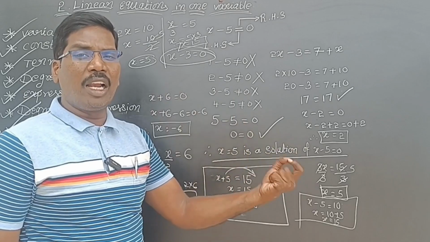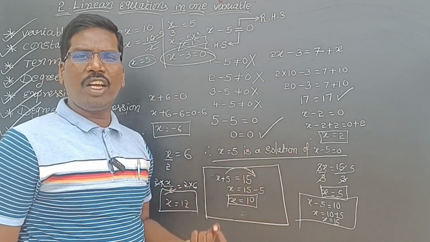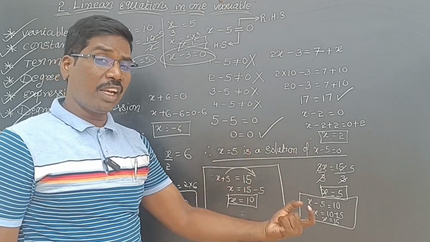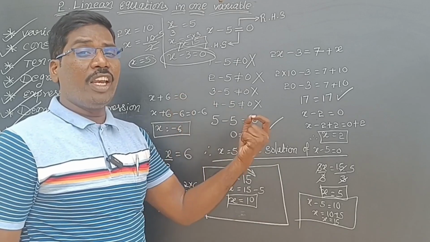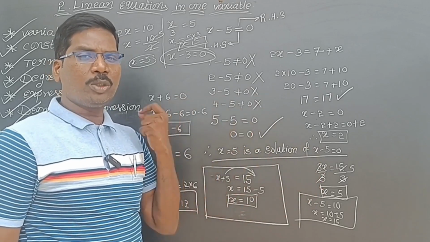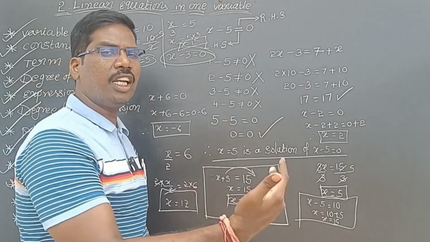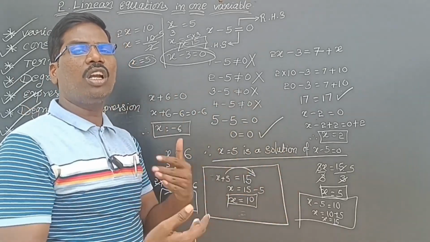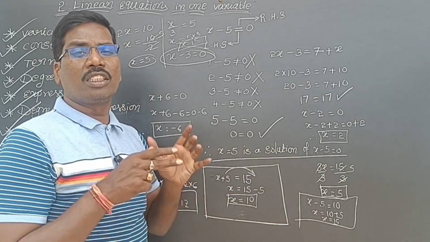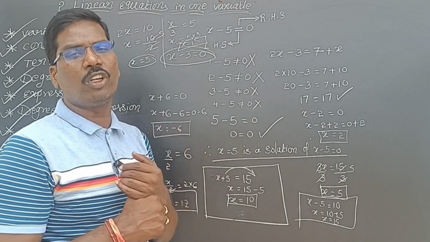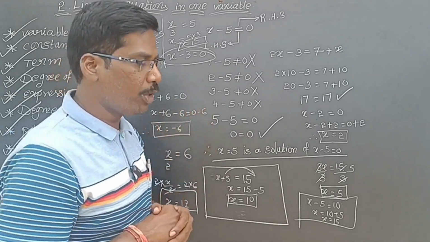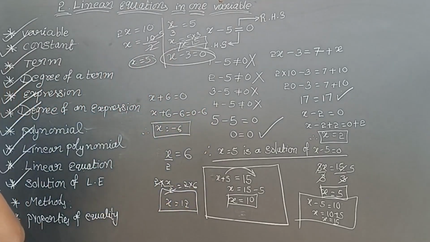If you bring any dividing term, it will multiply. So same thing, vice versa. From left side to right side or right side to left side, both are the same, with the same properties. Those are the methods.